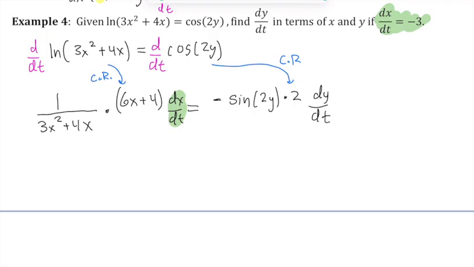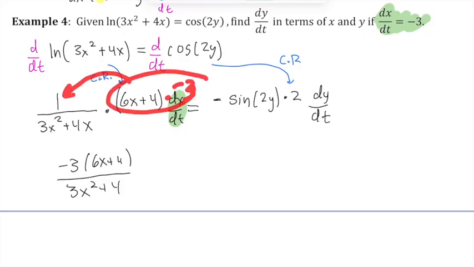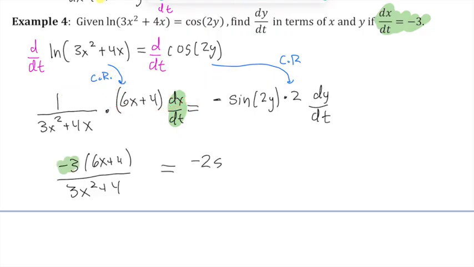So if I clean up the left side, it's going to be -3 times (6x plus 4), all divided by 3x squared plus 4. Because again, this is -3, which is on the top, and then that goes up here to the 1, equals -2 sine of 2y dy/dt.